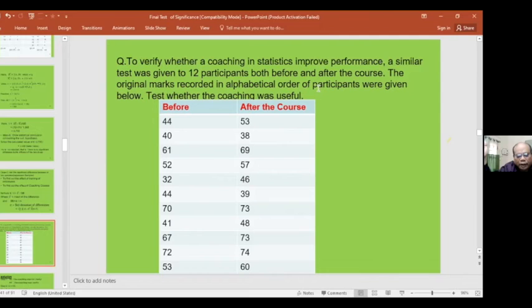Before the statistics program, students are tested on some numericals, and after the coaching program, they are tested again. These are the scores. On the basis of these scores, you have to say whether the coaching was effective or not.